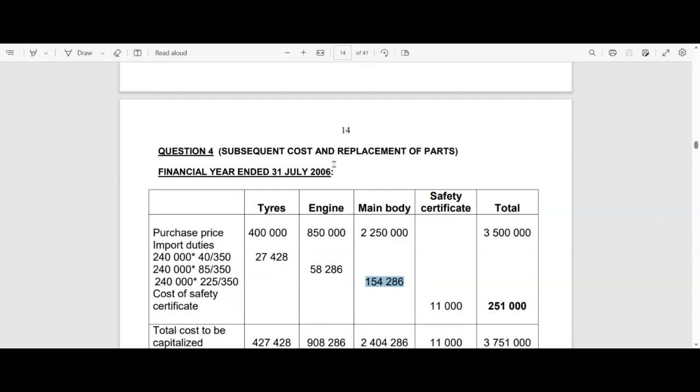Okay, so that is the method if you want to allocate the various directly attributable costs proportionally to the various significant parts or significant components of that asset.